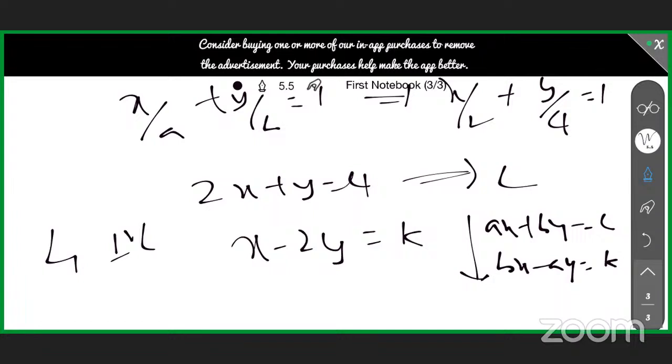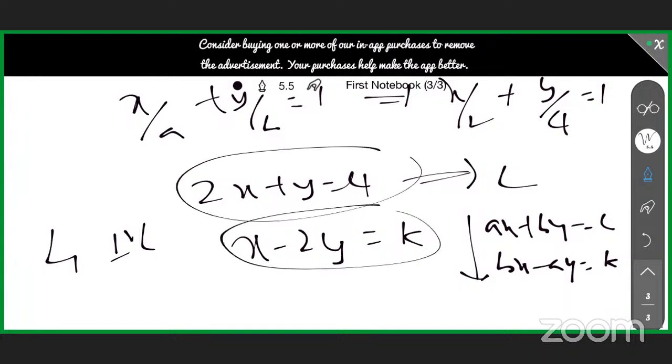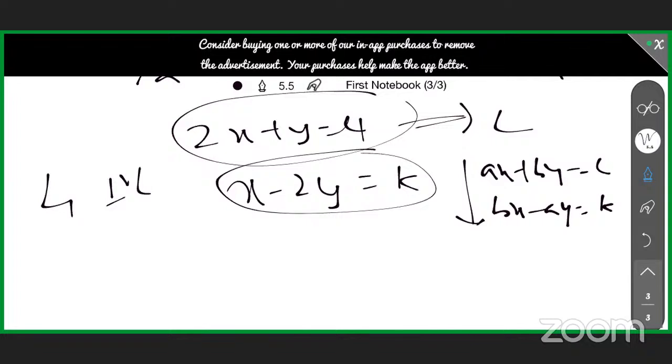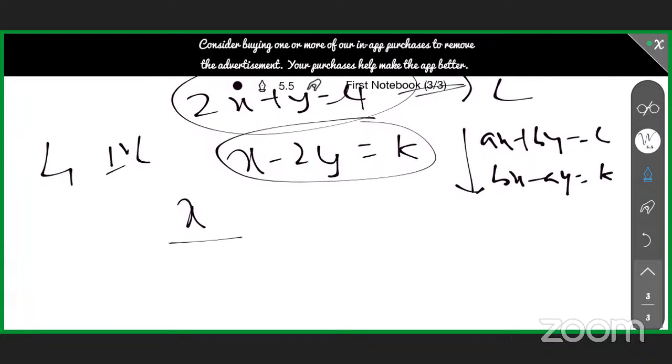For finding the value of k, find the point of intersection. You have got one equation here and one equation here. How to find the point of intersection? First of all, write the values. A1 is 2, A2 is 1. B1 is 1, B2 is minus 2.